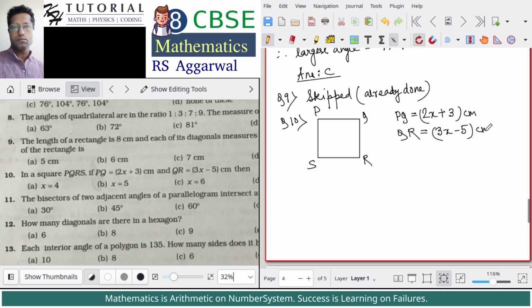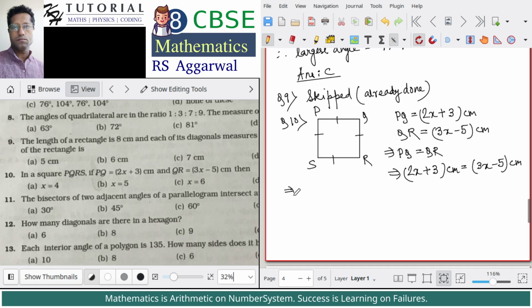This is a pretty straightforward question. We know in a square all the sides are equal. So this will imply that PQ is equal to QR. So 2x plus 3 centimeter should be equal to 3x minus 5 centimeter.